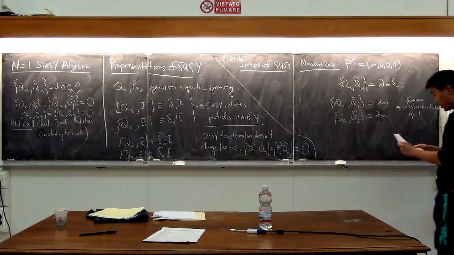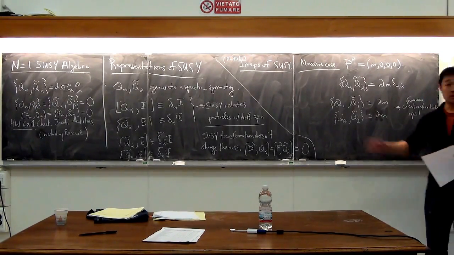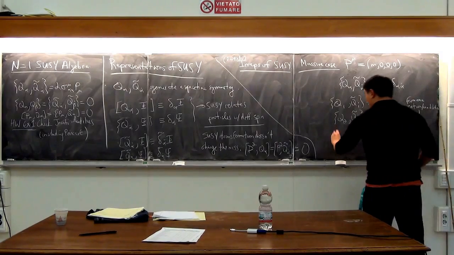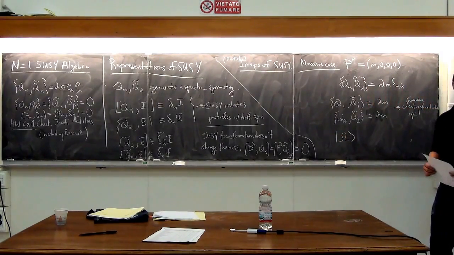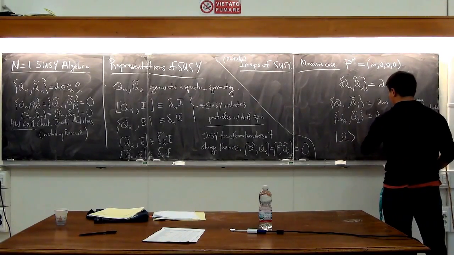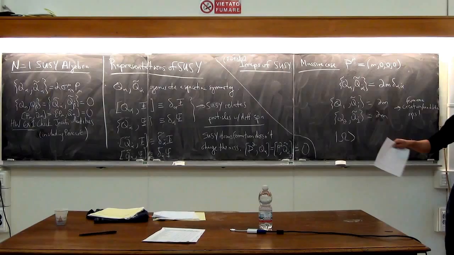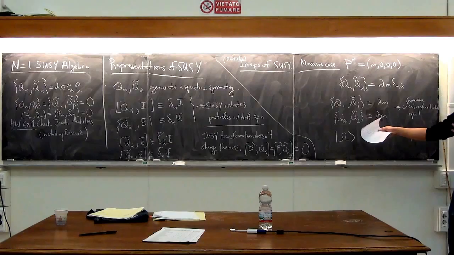And so we know how to build up the irreducible representations of this. We start out with a vacuum, which is annihilated by all the annihilation operators. And then we act in all possible ways with the creation operators until we get back to 0, by the Pauli exclusion principle.